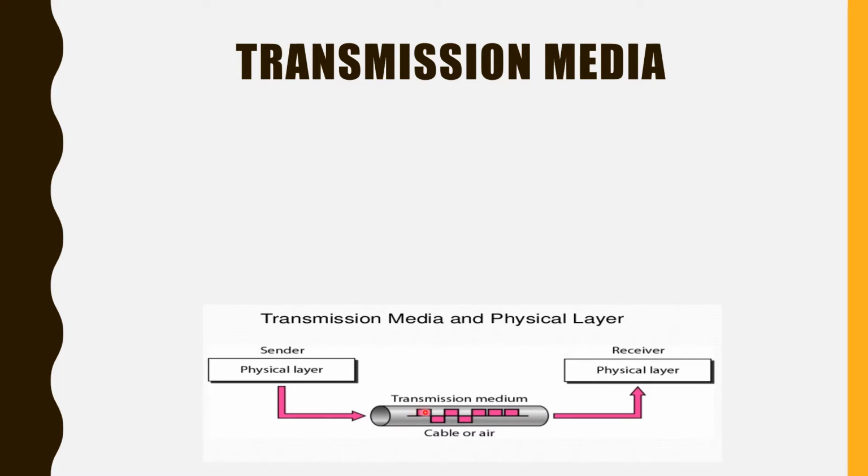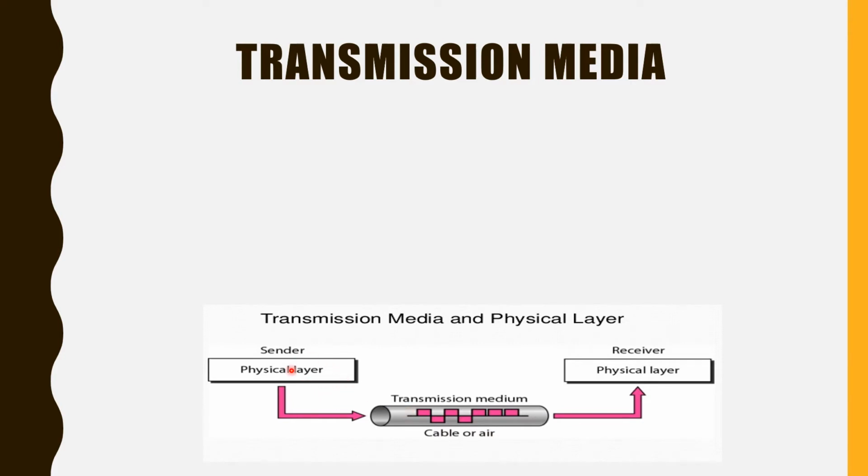Inside the transmission media, the diagram shows binary pulses in the form of on and off. So basically transmission media is a carrier which carries the signal from the physical layer of the sender to the physical layer of the receiver.